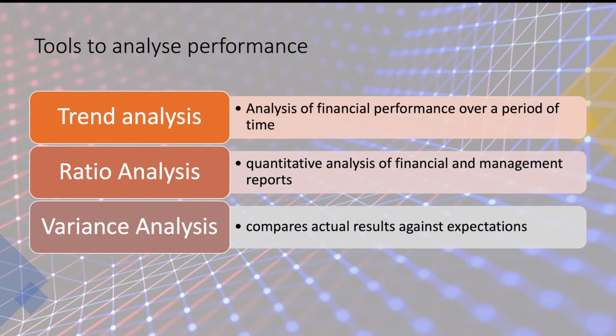For example, in quarter one we were expecting sales of $100,000, but the sales actually happened to be $110,000. This is a surplus. The variance is $10,000, and it's good, but why has this come about? What is the reason?